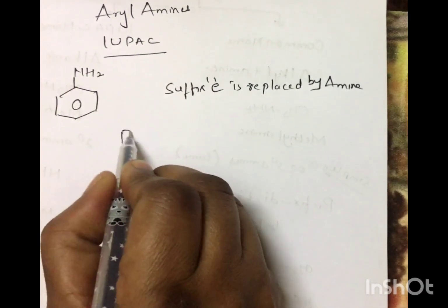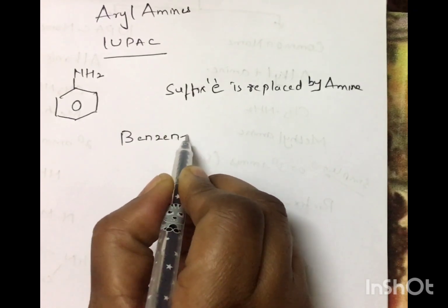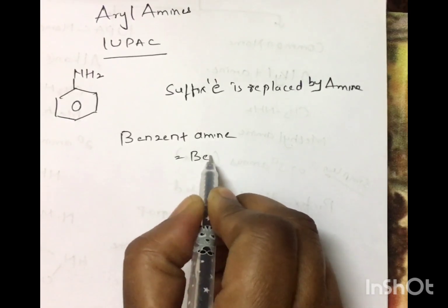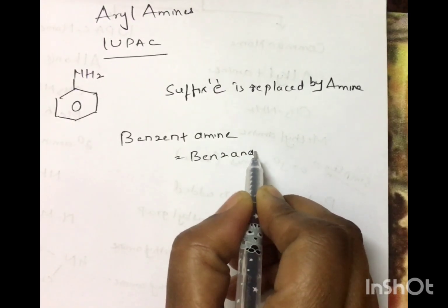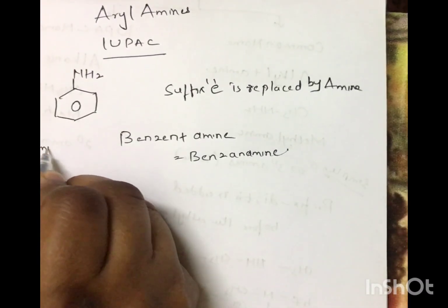So we remove the E from benzene and add amine. The name becomes benzamine, or else simply we can call it aniline.